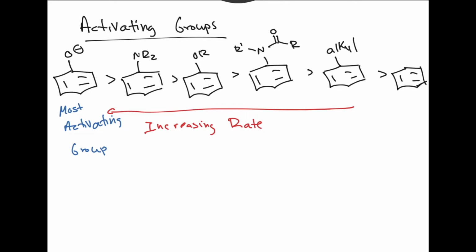So if benzene is our baseline, with a rate of, let's say, 1, our rate is going to get faster relative to benzene as we work our way to the left.